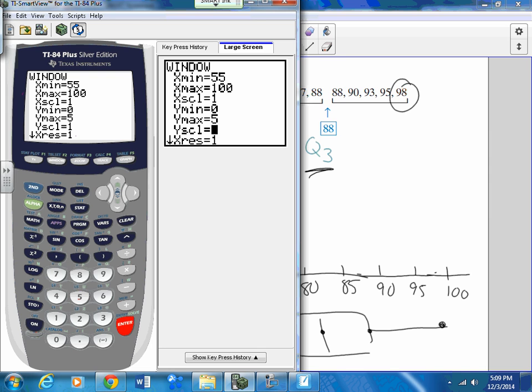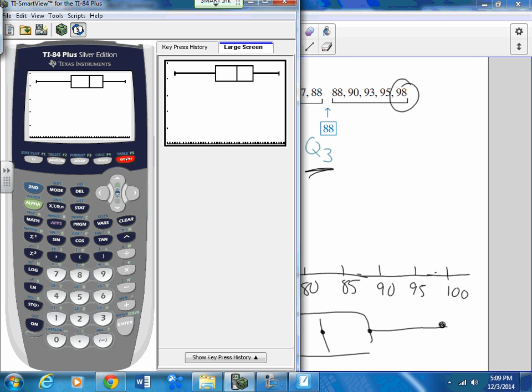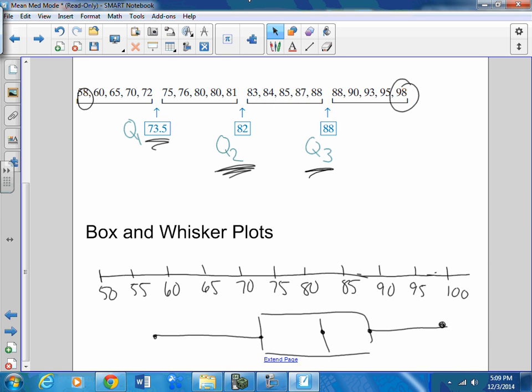And let's hit enter, and then let's hit graph. Boom, baby, look at that box and whisker plot. Okay, and if you hit trace, right now it's blinking on my median. If I arrow over, it's blinking on my quartile. So if you're more of a picture person rather than looking at that screen, you can look at this. Okay, so just like an extra tool to find all this stuff.